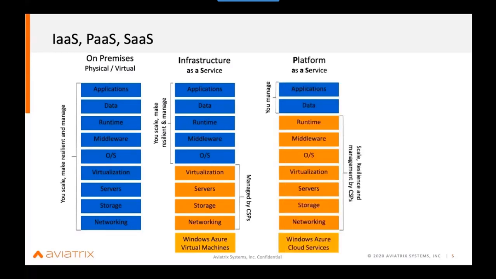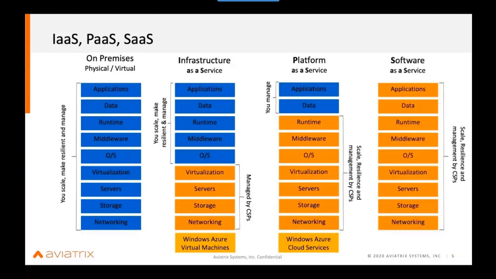Then you have the option of PaaS, where the control is further reduced. The orange part is now what the cloud service provider manages, so you are only coming in and consuming the platform. Let's say you're consuming SQL as a platform, but you're not worried about managing its operating system, its uptime, its patching, and all that.